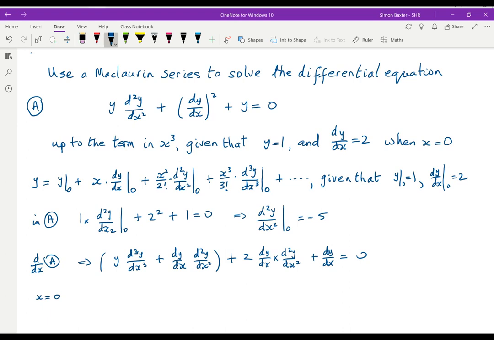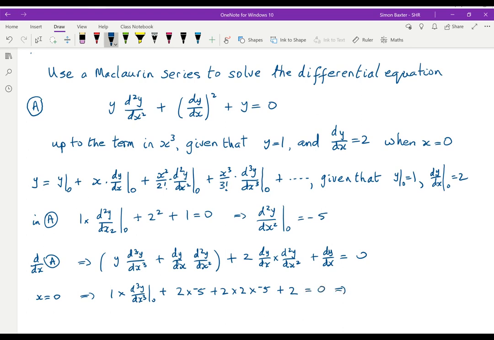Now let's put x equal to 0. x equal to 0, y is 1, so that gives me 1 times d3y by dx cubed when x is 0, plus dy by dx, which is 2, times d2y by dx squared, which is minus 5, plus 2 times dy by dx, which is 2, times d2y by dx squared, which is minus 5, plus dy by dx, which is 2, equals 0.